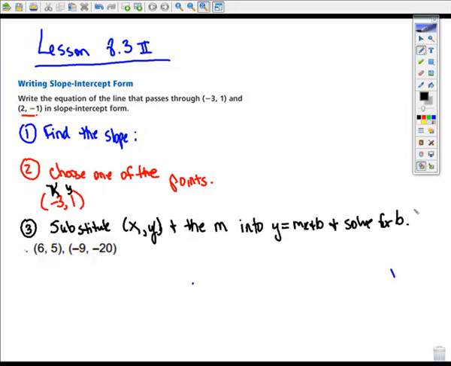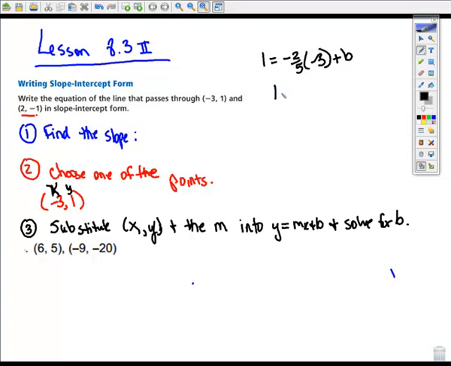If I use (-3, 1), again, there's x and y, so y1 equals m, which I found was -2/5, times x, which was -3, plus b.